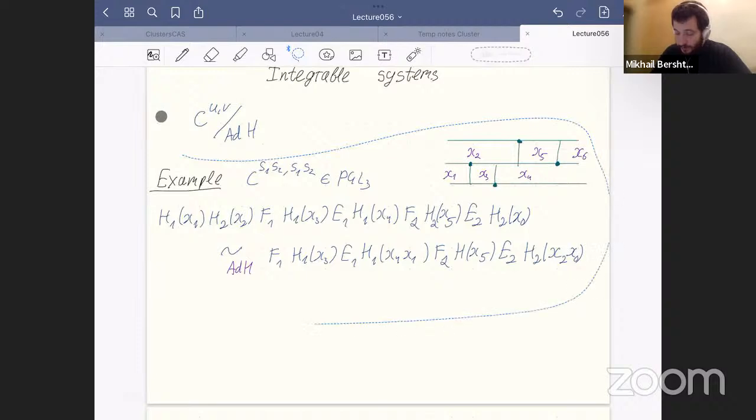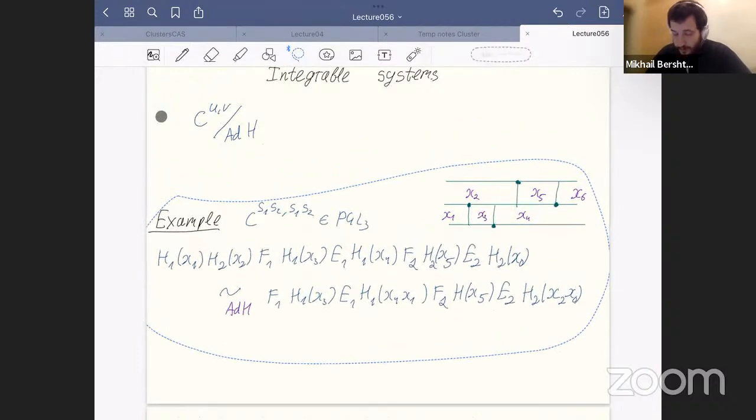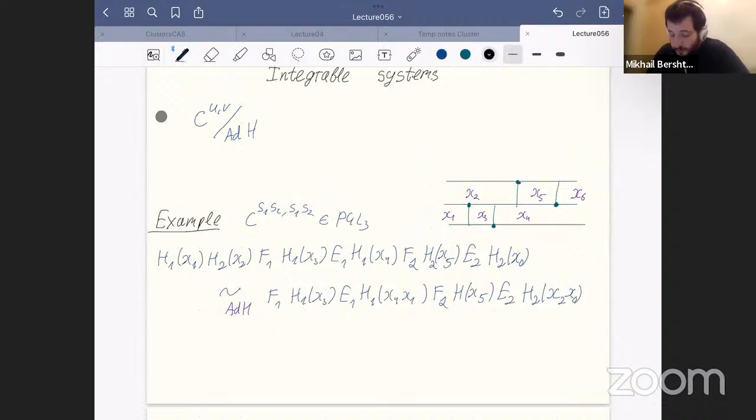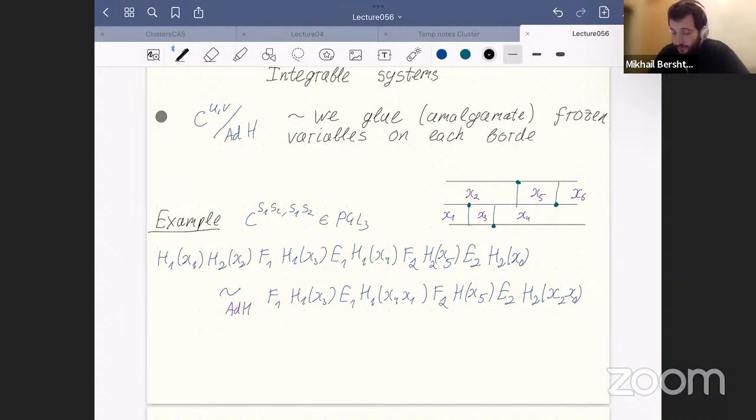And we get an honest cluster structure. So, okay, here is the example. And the claim which we have: we glue, or amalgamate, so we have 2 steps.